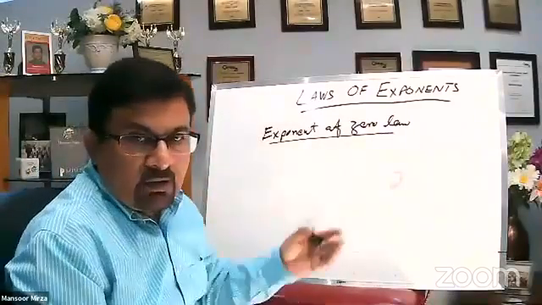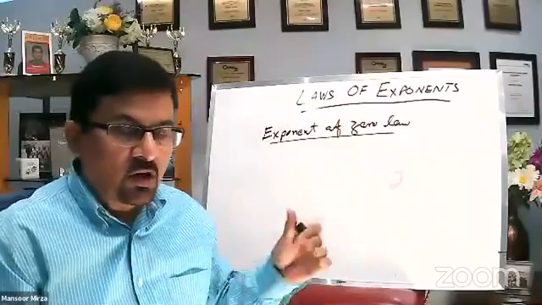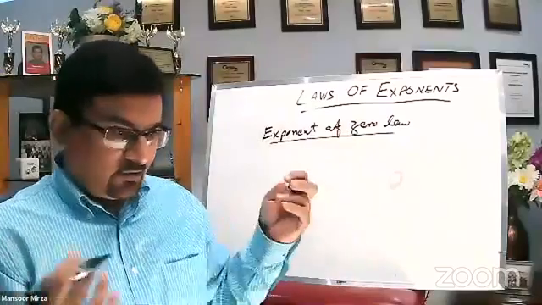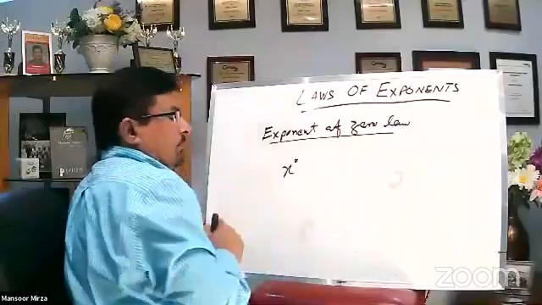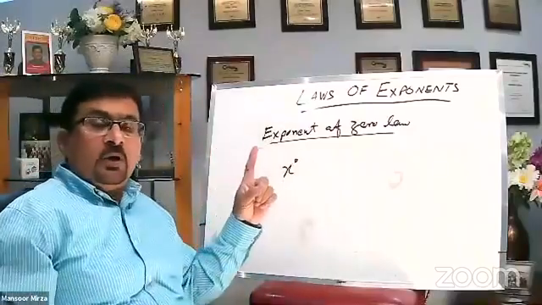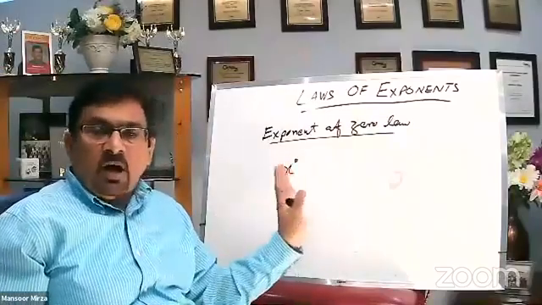Remember the first one we said was exponent 1 law, then this is exponent 0 law. Obviously from the name, it's clear that exponent 0 law means the exponent power is 0. When the exponent is 1, the base stays the same, unchanged.